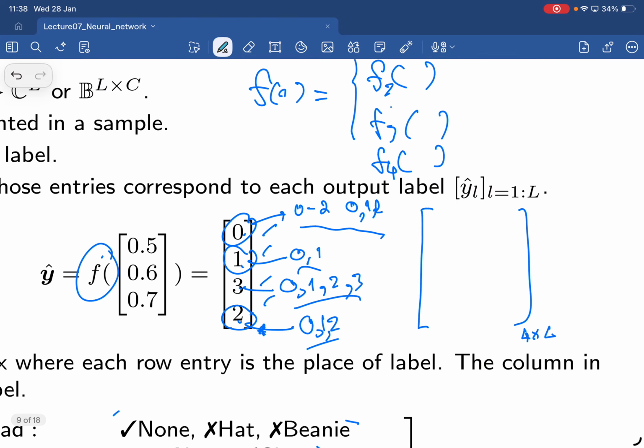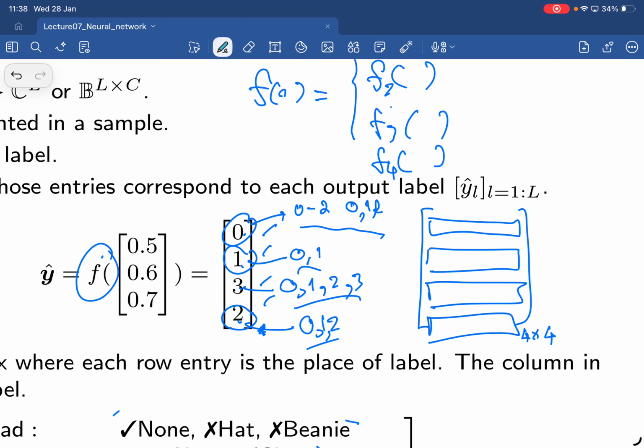So maybe you could do a one hot with the number of rows equal to 4 because there are 4 labels, and the number of classes equal to 4 because the maximum class possible is 4.